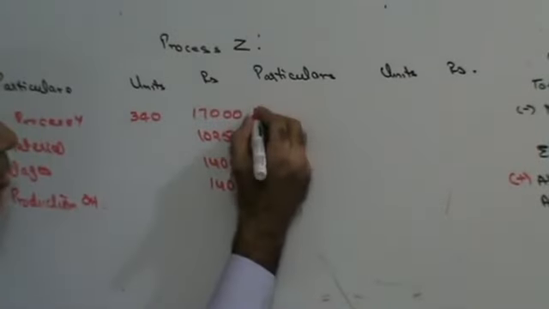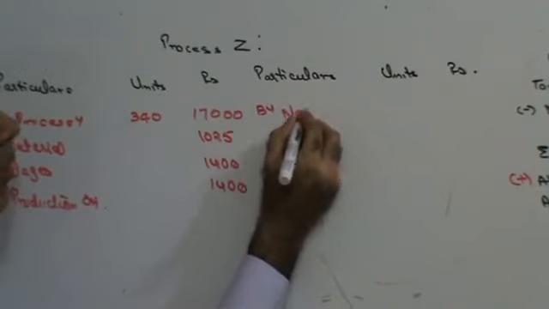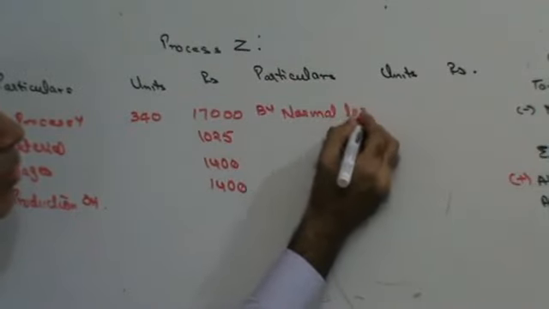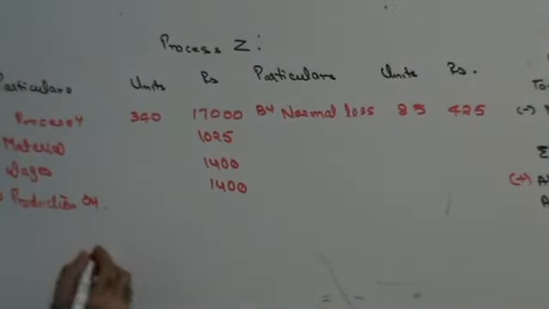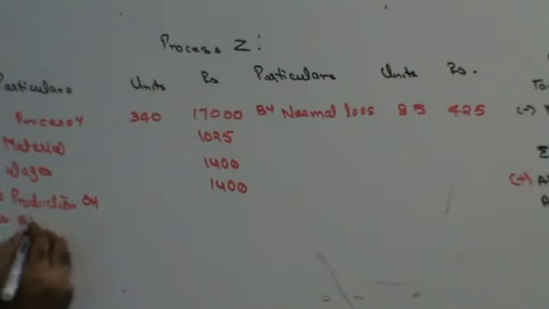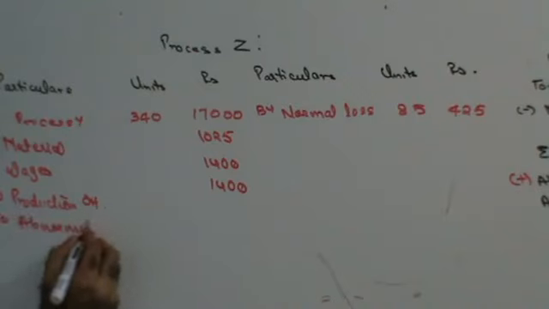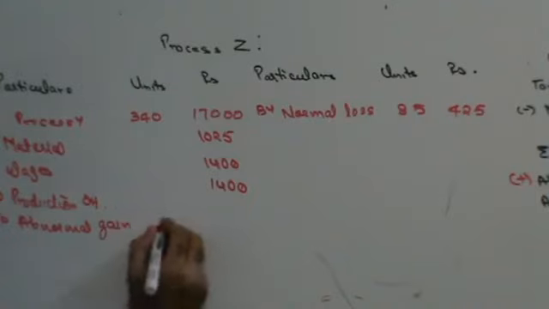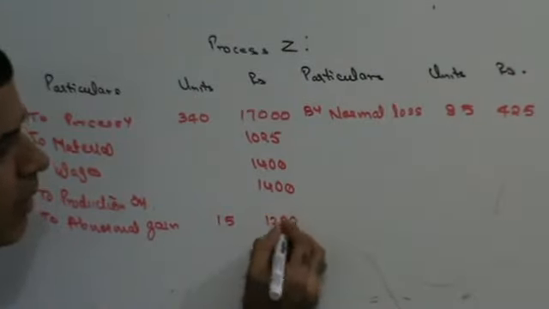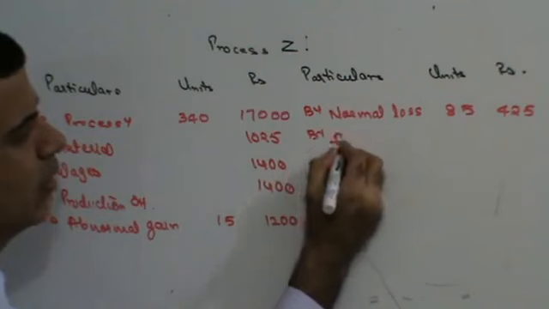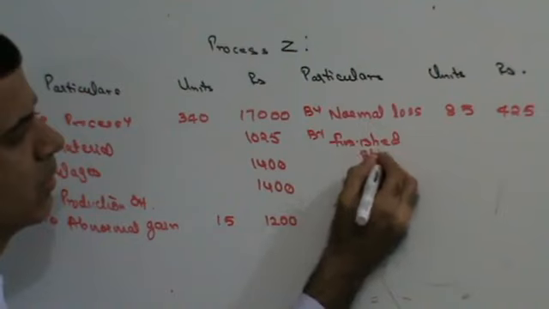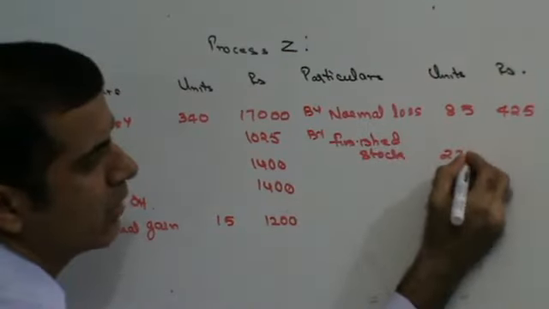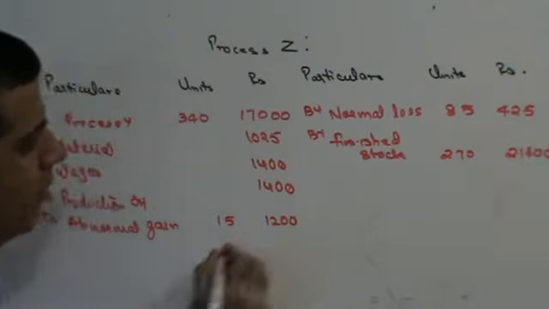Transfer this here. If I transfer this here, this is going to be by normal loss. Normal loss is 85 and 425, and this is going to be to abnormal gain. Abnormal gain is 15 and 1200, and this is by finished stock, 270 and 21,600.